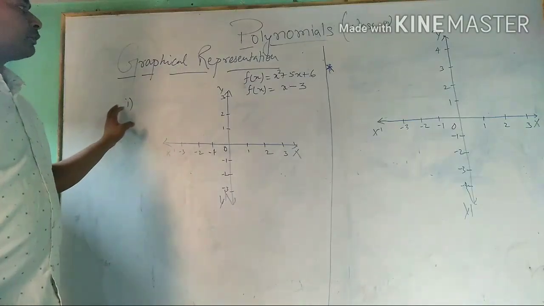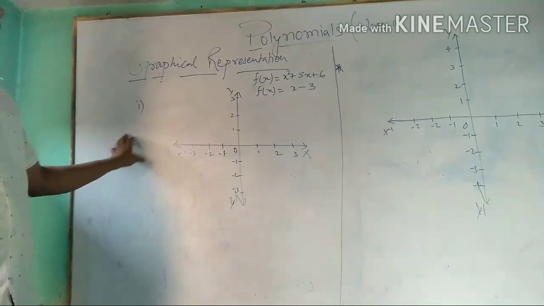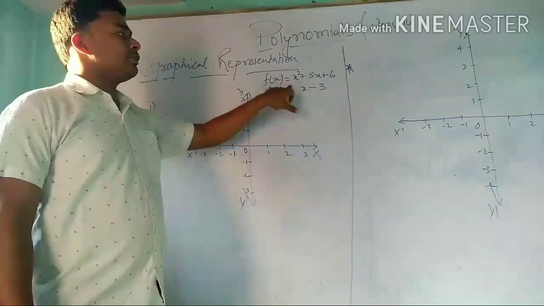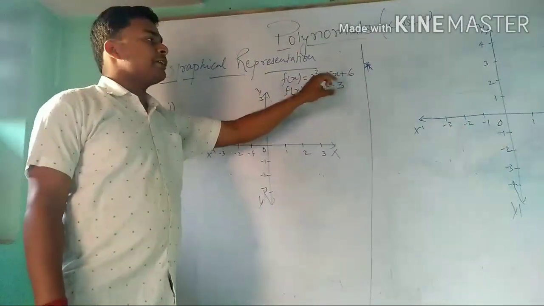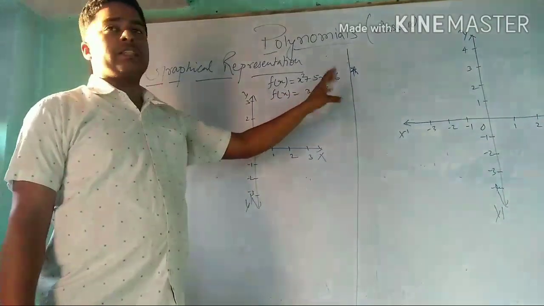Now we will discuss the graphical representation of polynomials. I am taking two examples here. f(x) is equal to x square plus 5x plus 6. Another one is f(x) is equal to x minus 3.